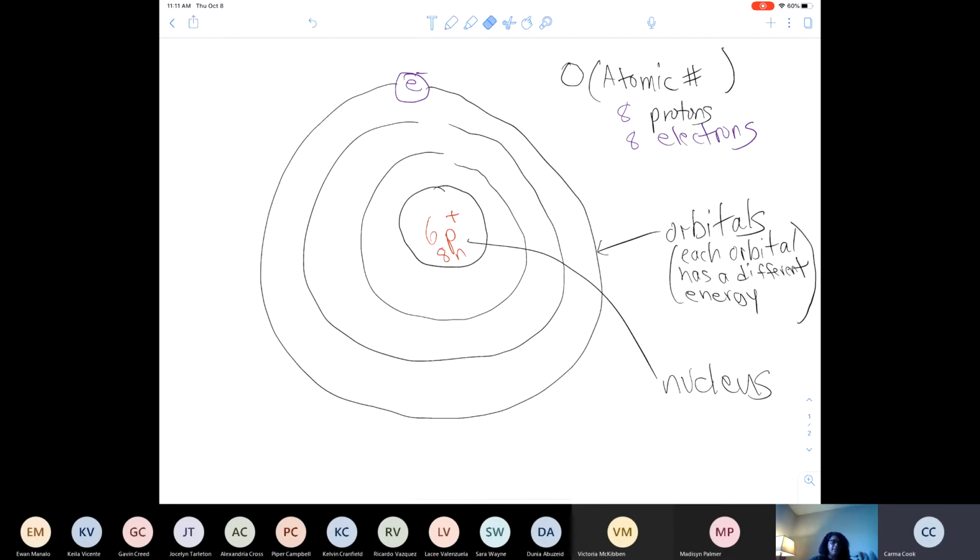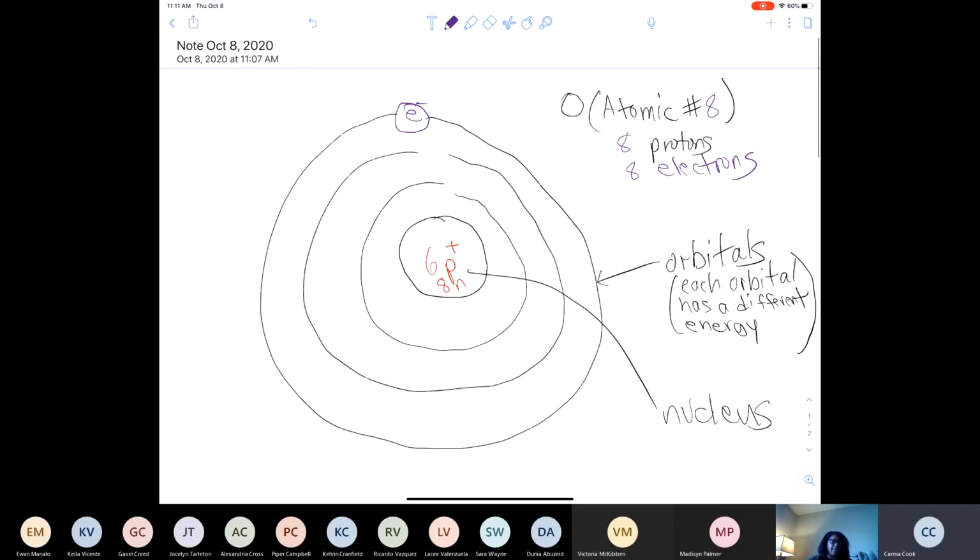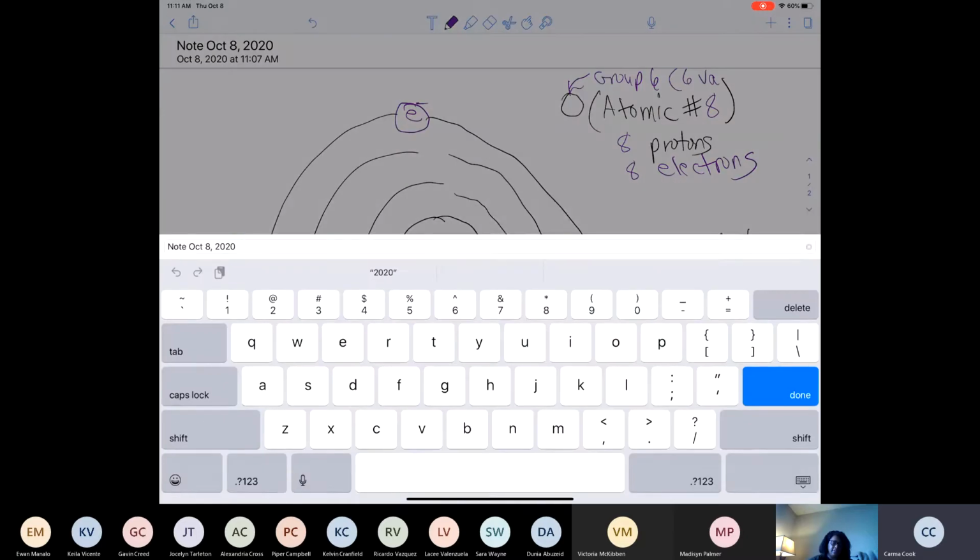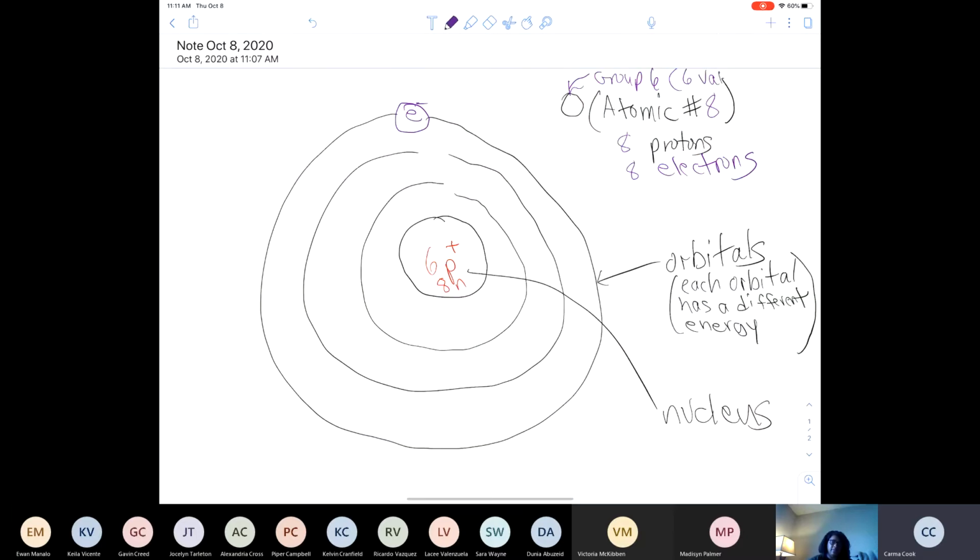So 8 protons and 8 electrons. Oxygen is also a member of group 6. So it has what we call 6 valence electrons.